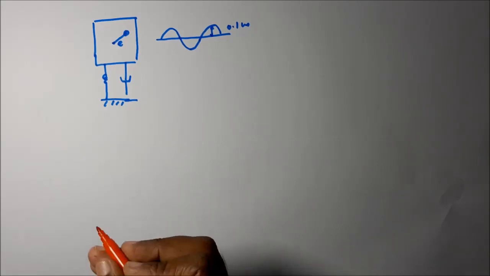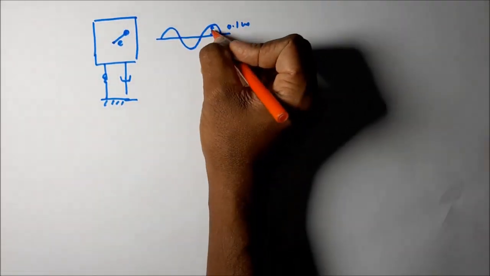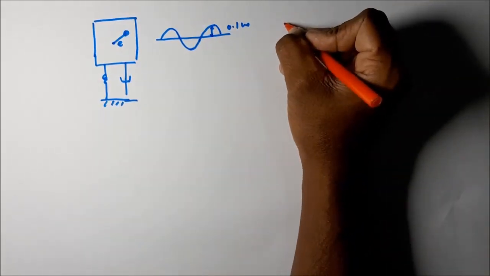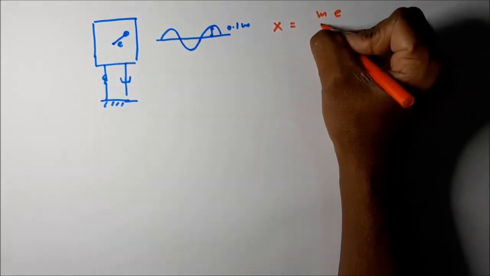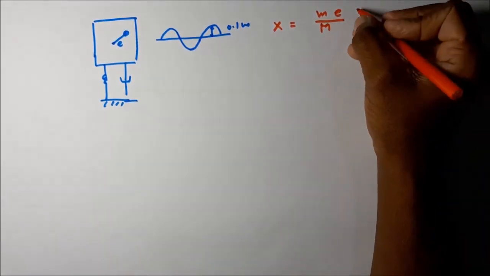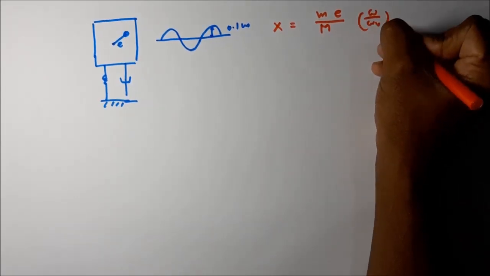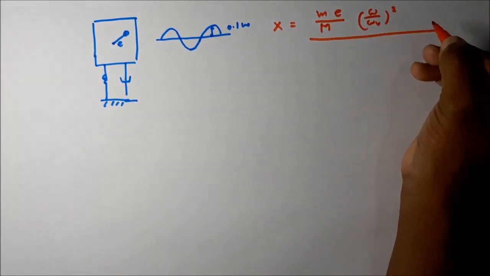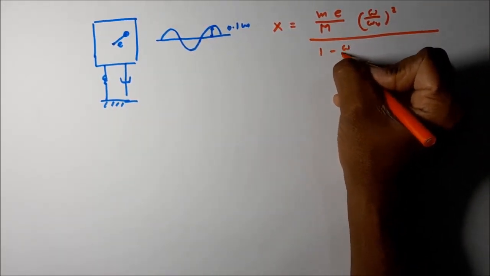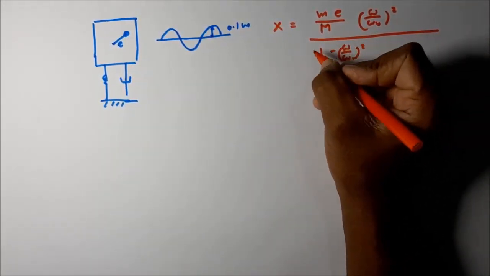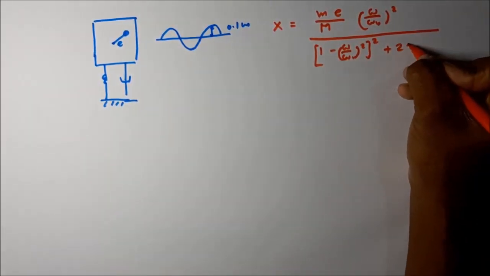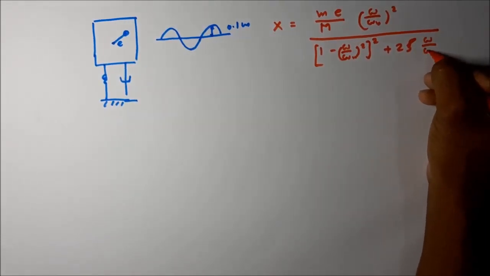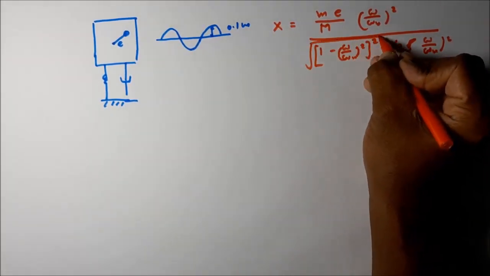We know the equation for x. X is equal to (m e / M) divided by the square root of [(1 minus (omega / omega n)^2)^2 plus (2 zeta omega / omega n)^2].